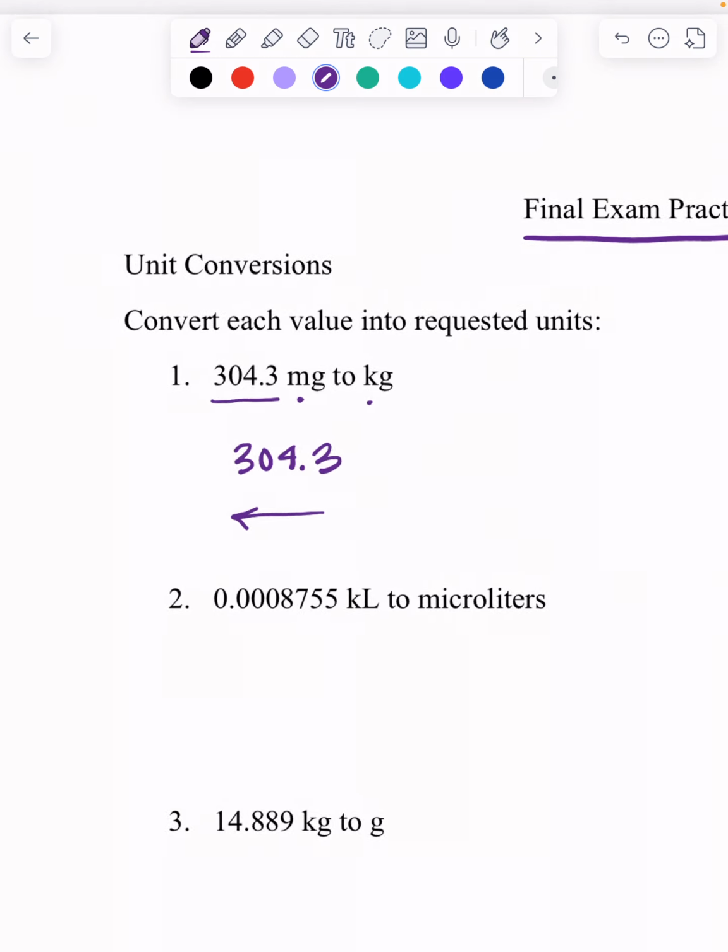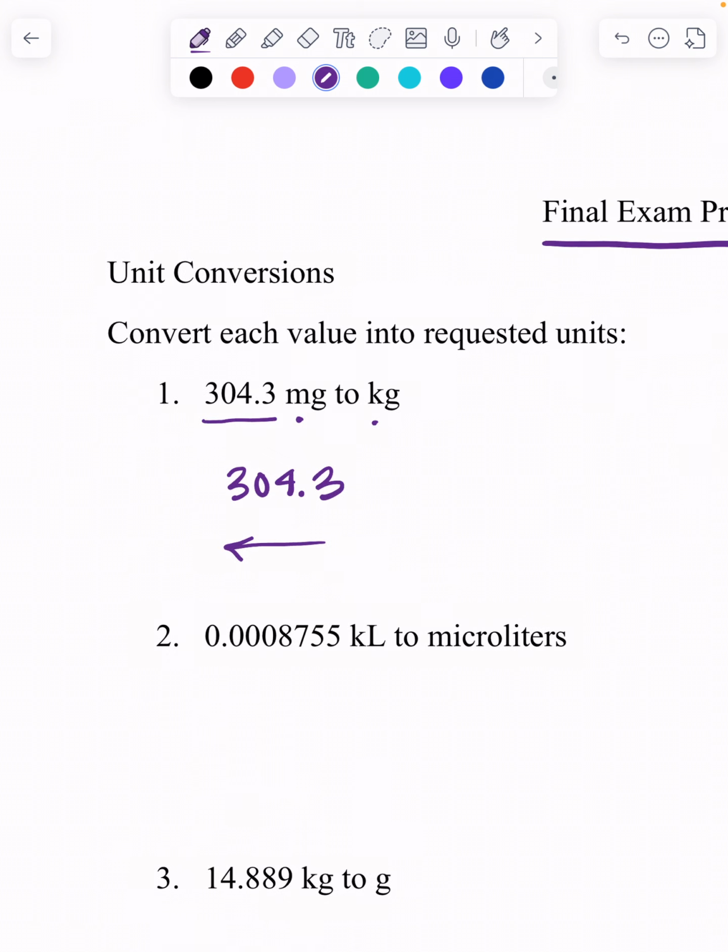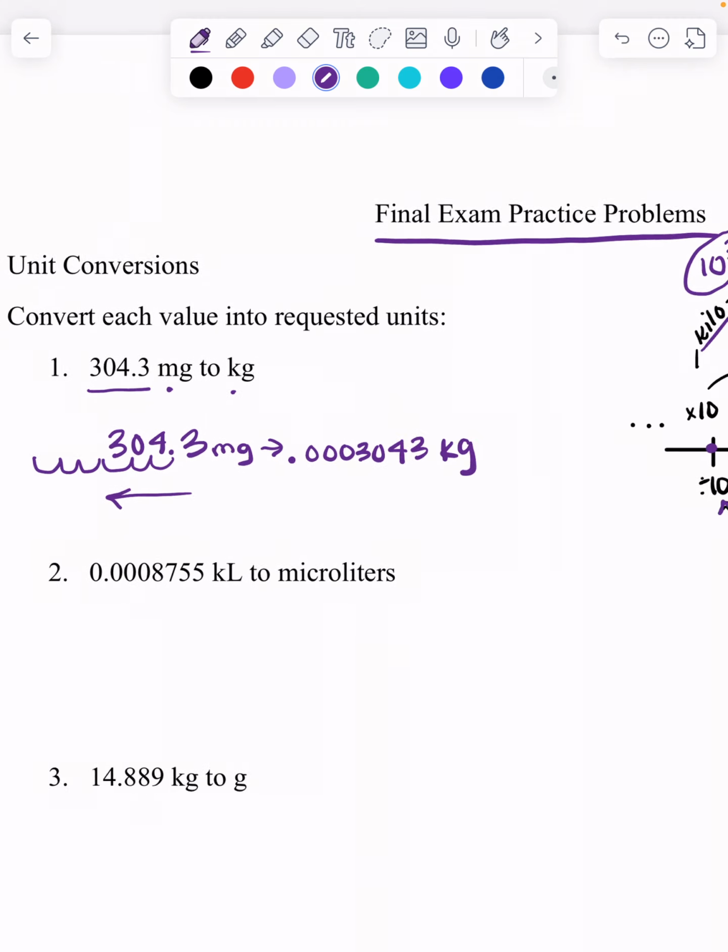So we can simply move our decimal to get our new answer. This is milligrams, so I can go 1, 2, 3, 4, 5, 6, and then I will just fill in my zeros in those places. So our answer ends up being 0.0003043 kilograms. Awesome. Fantastic. I love that.